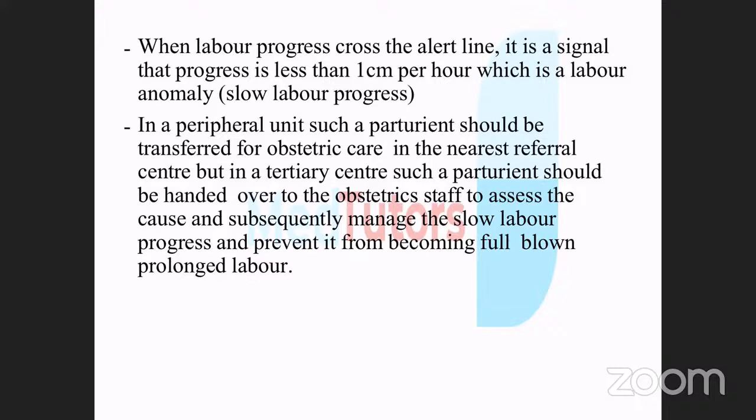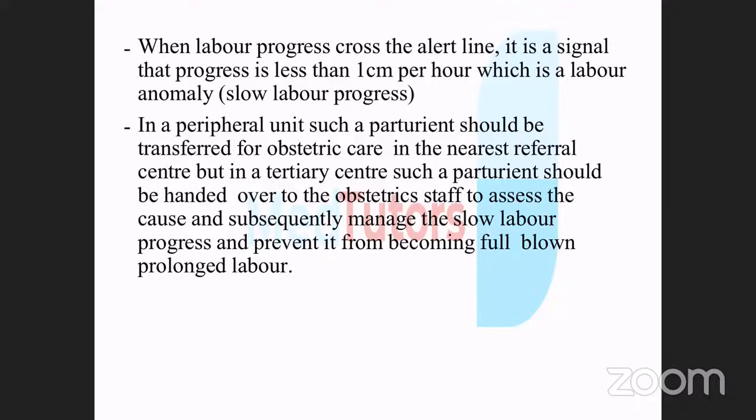The reason for this is that whenever you involve doctors in the management of labor, all of it, then you are over-medicalizing the process of labor itself. Because most women, out of 100 women, 80% will not require any intervention by any doctor.